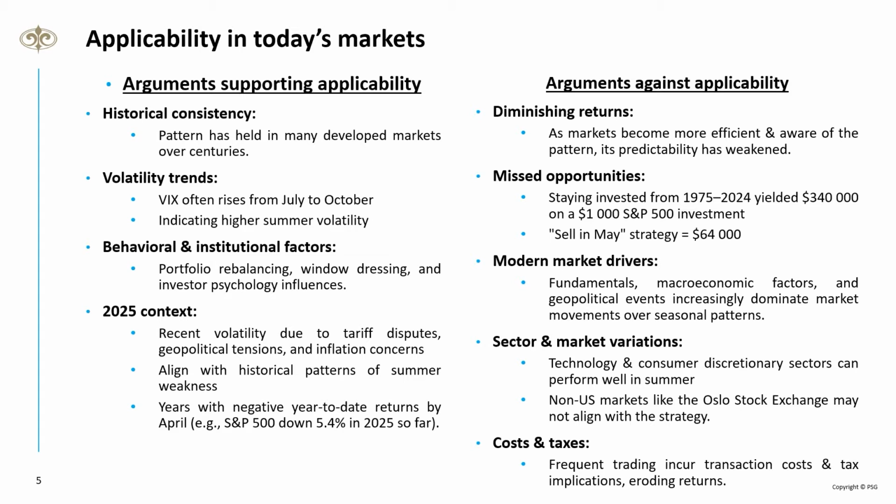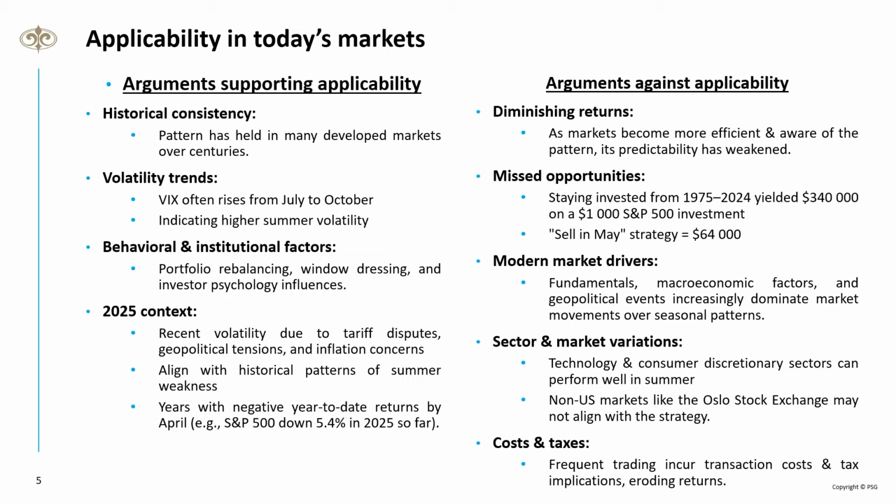But the argument against it is diminishing returns. Markets have become more efficient, and people are more aware of these patterns, so its predictability has weakened over the years. The main thing, I believe, is that you miss out on opportunities. If you had stayed invested from 1975 to 2024, you'd have got $340,000 if you had invested $1,000 over that time period.